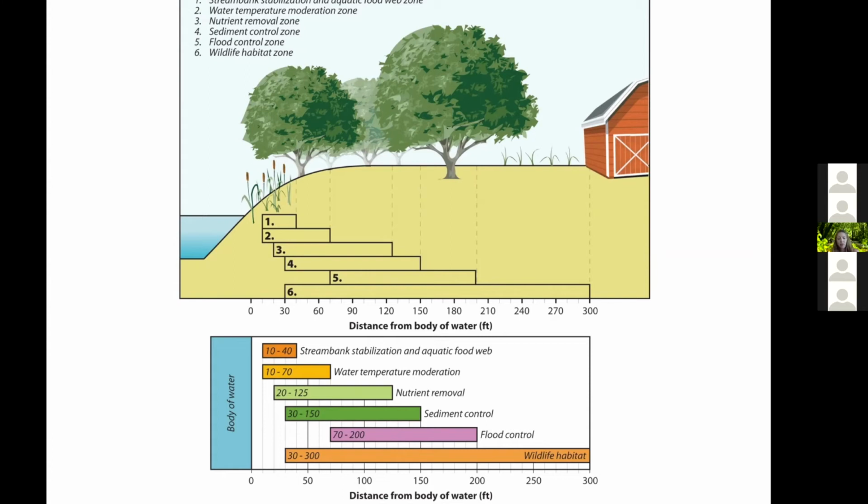As we get even farther away, we're going to get more flood control, where a lot of times we might not really adhere to floodplains, and we kind of build in floodplains, or we crop in floodplains, or we have lawn in floodplains. And so having that flood control really is important for us because we need to respect the floodplain.